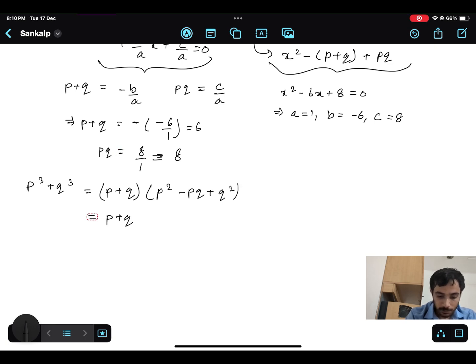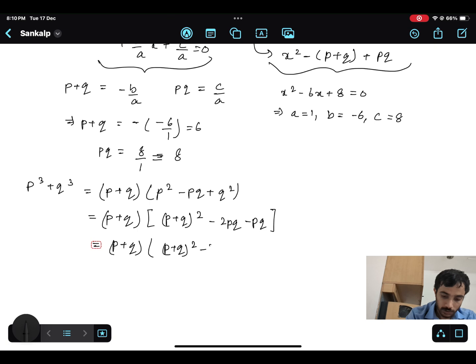Now p square plus q square can be written as p plus q whole square minus 2pq, and this minus pq will remain as it is. So we will get an expression as p plus q into p plus q whole square minus 3pq.